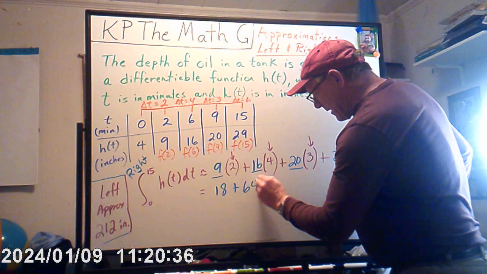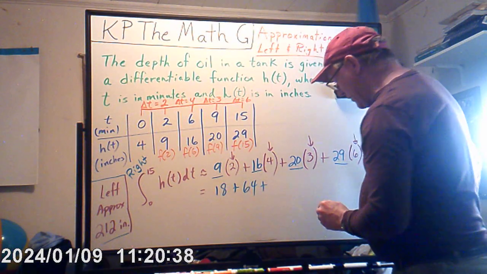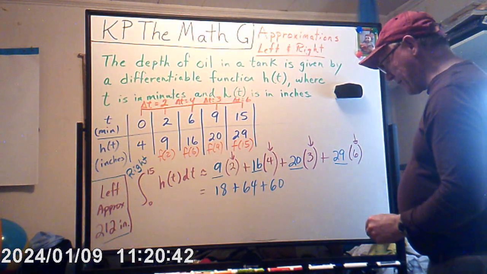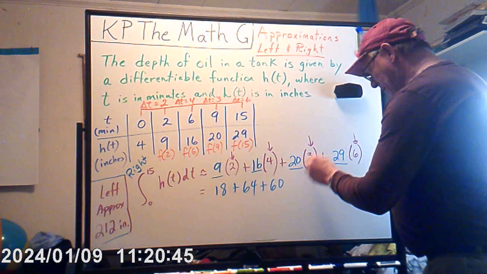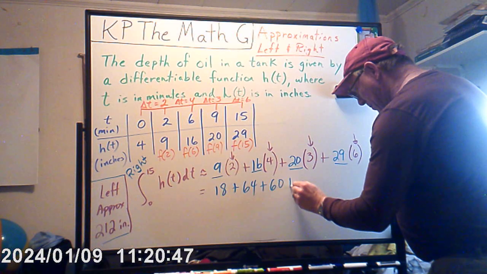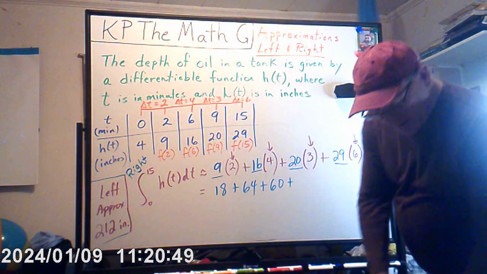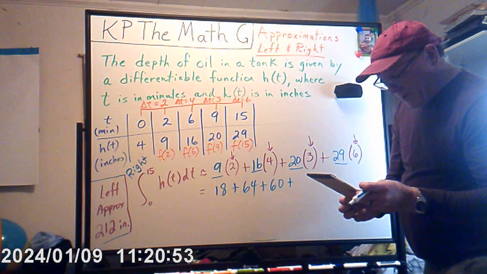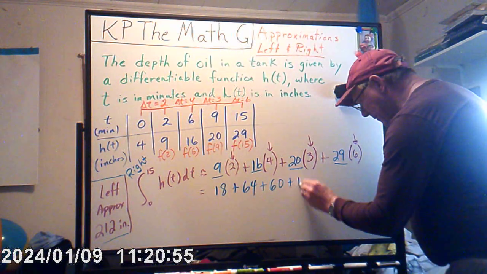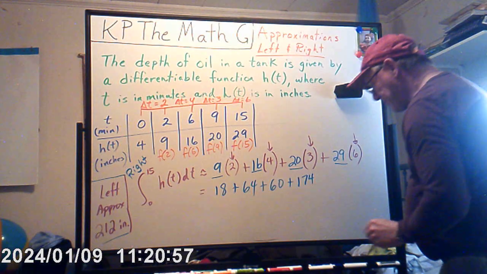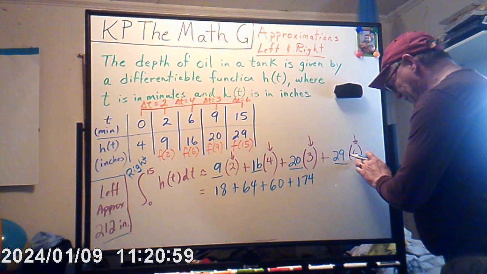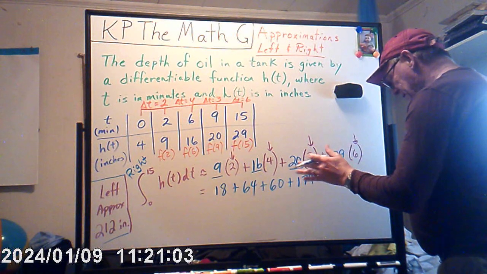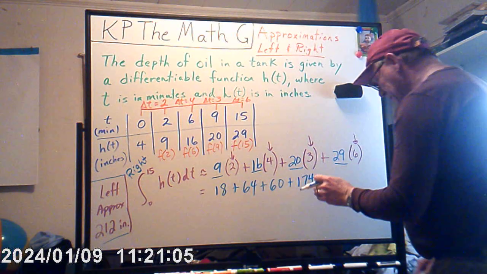64. 16 times 4. 20 times 3 is 60. Alright, I think that's right. 0, 3, yep, that's right. And then 29 times 6. 29 times 6 is 174. 6 9s are 54. 6 2s are 12.